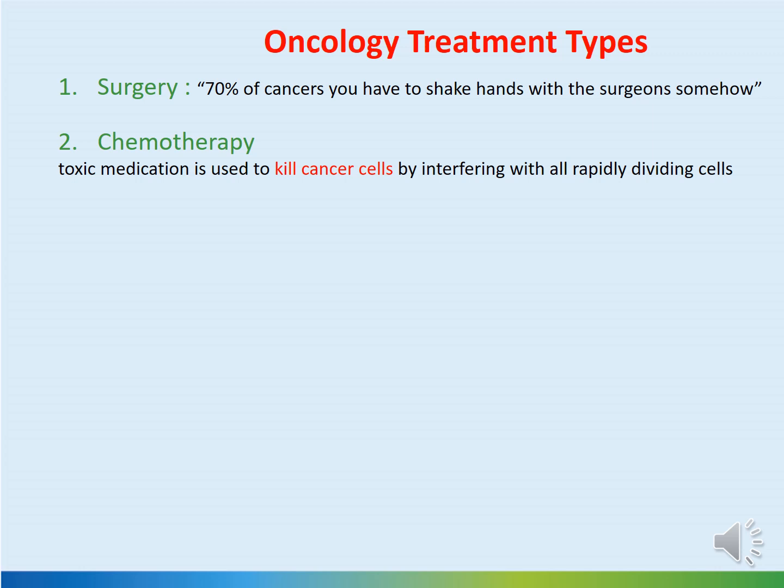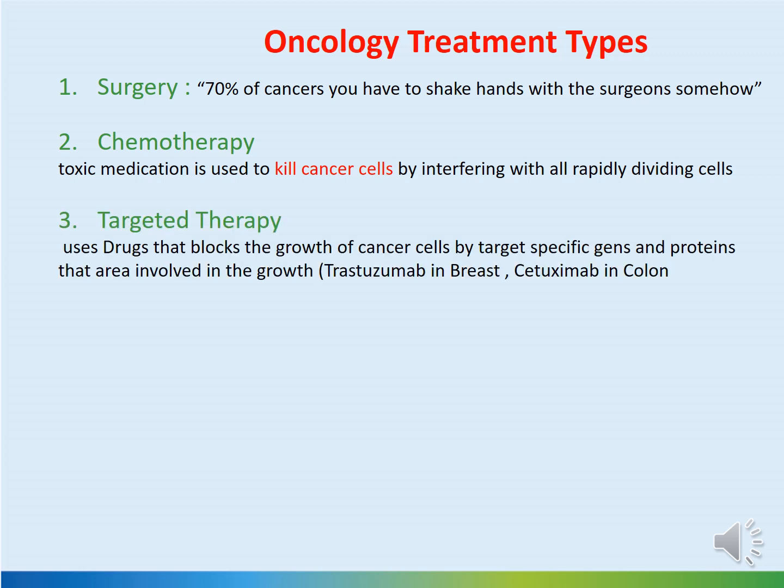Because even with the new generation of chemotherapy, which tries to target the cancer cells and avoid the normal cells, these drugs still kill some normal cells, and this is why many chemotherapy drugs have side effects like hair loss or affecting our blood cells and causing bone marrow suppression.